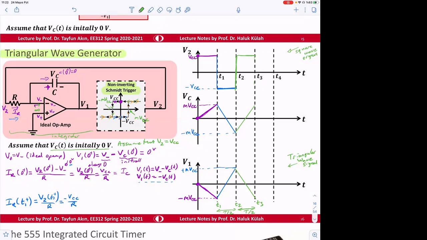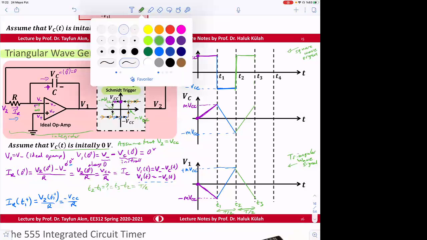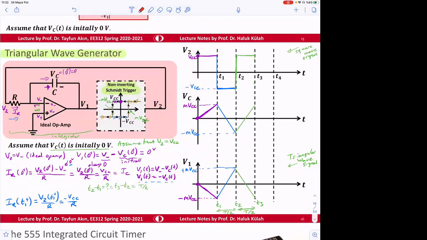And how can we determine this? What is T2 minus T1? So this is what we need to calculate. And then we know that this will be equal to T3 minus T2, and that will be equal to T divided by 2. So how can we calculate that? We can calculate that by looking at the current, which is charging the capacitor, and the amount of signal.